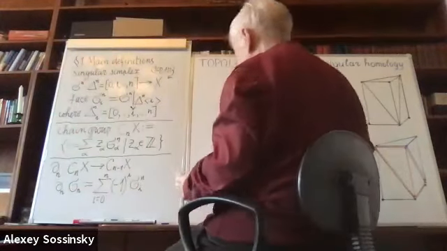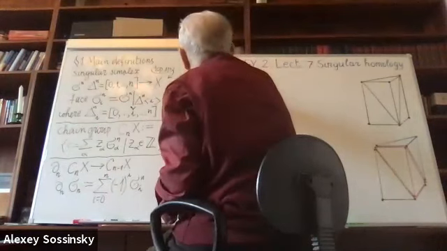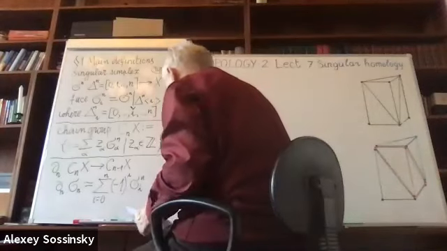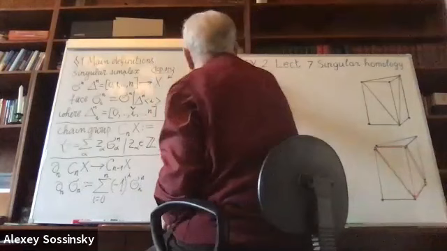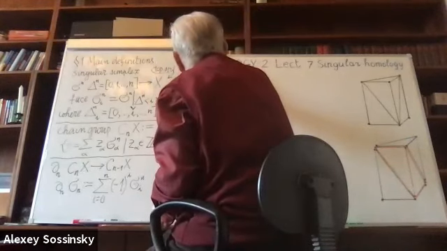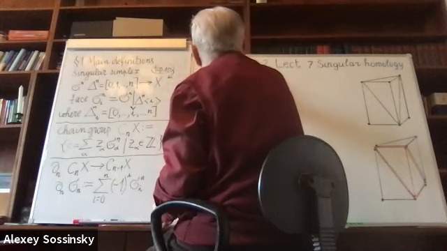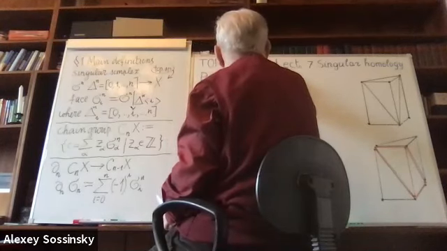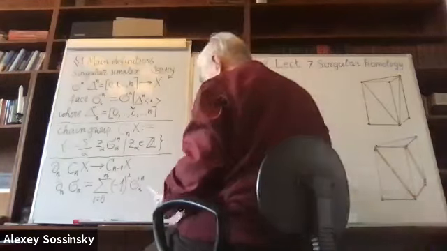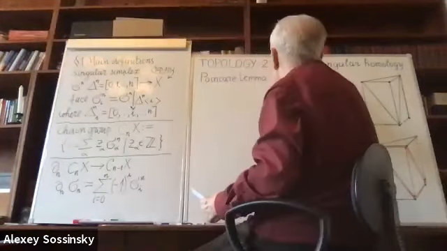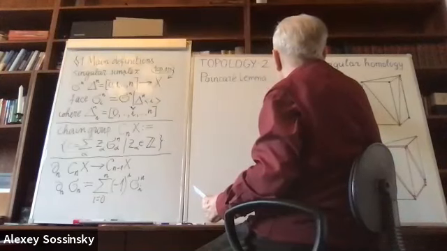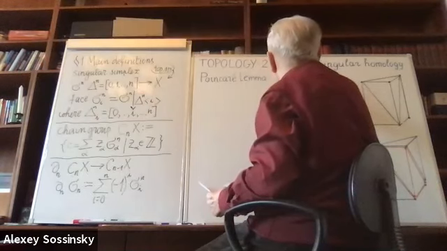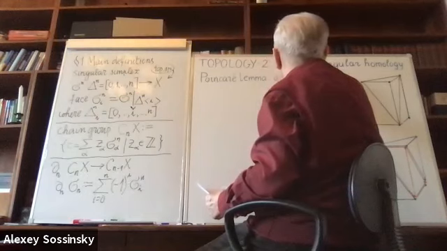Now, the next thing that I want to mention is the Poincaré lemma, which says what you think it's going to say, namely, if you do d n plus 1, and then follow that with d n, you get 0.